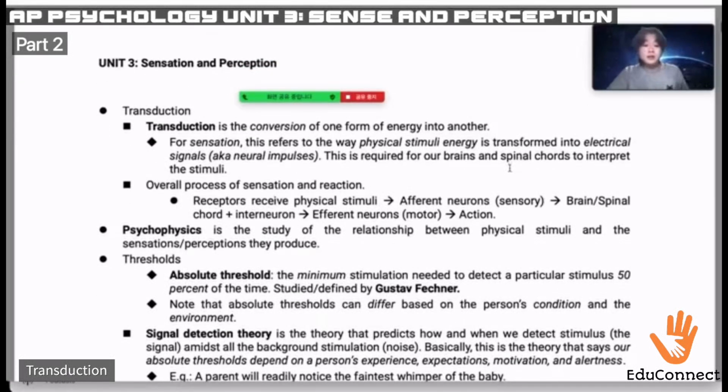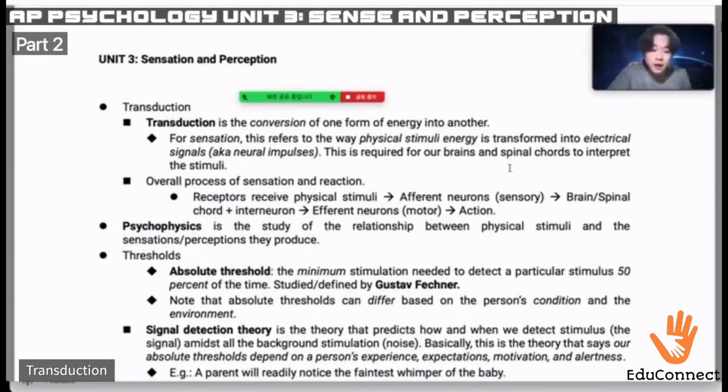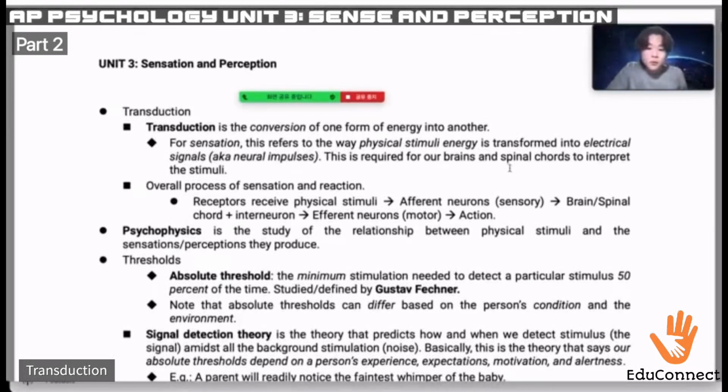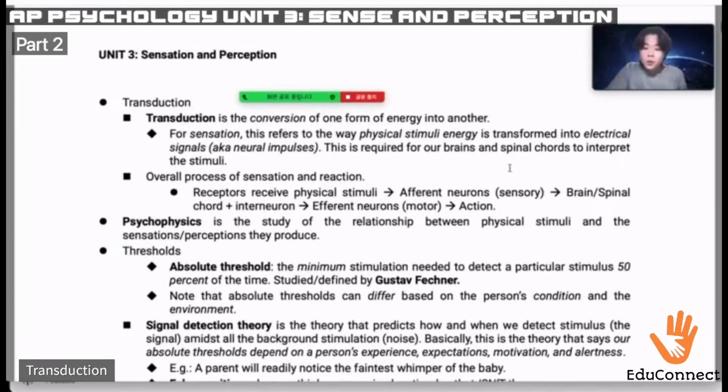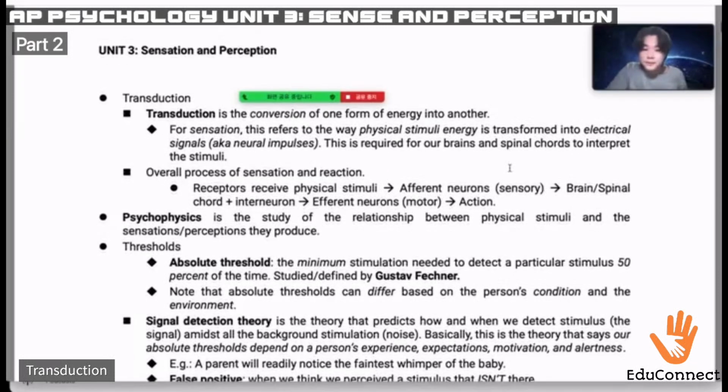Now let's look at the overall process of sensation and reaction. The receptors will receive a physical stimulus, and then the afferent neurons, with an A, will detect what is sensory. Then the information will move on to your brain and spinal cord, and it will be done so by the interneuron.